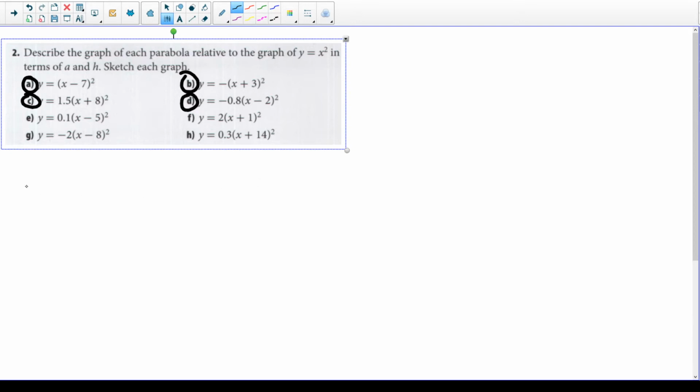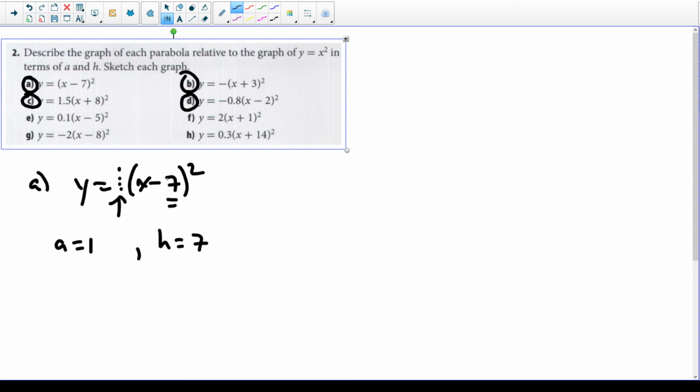Okay. So if we look at letter A, y is equal to x minus 7 squared. So what is our a value? Well, there's no a value there, but it's a number that's multiplying the bracket. So we know that that number is going to be a 1. So a is equal to 1. Now what is h equal to? h is equal to positive 7.